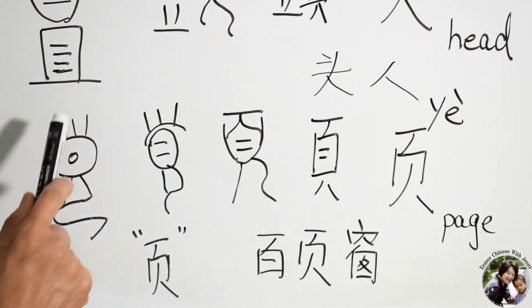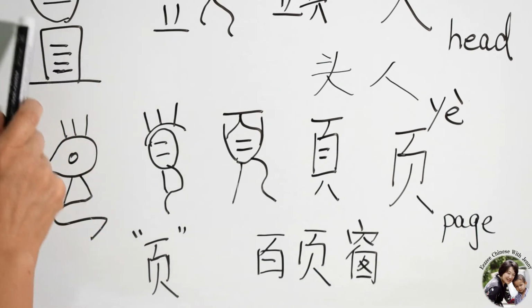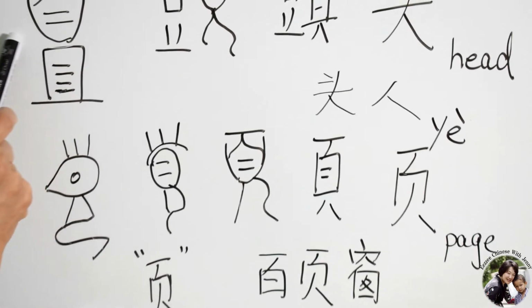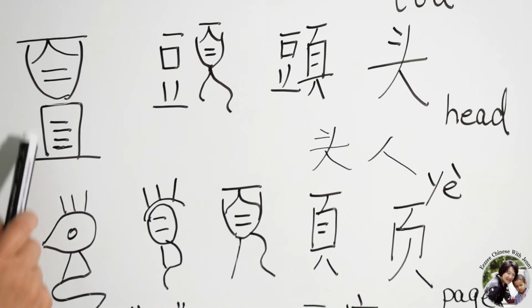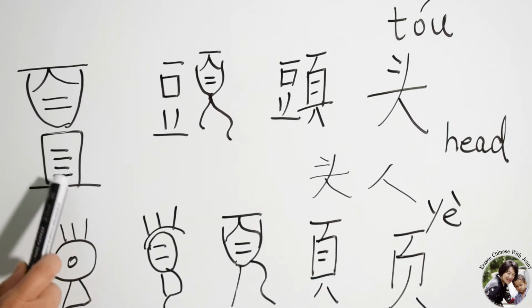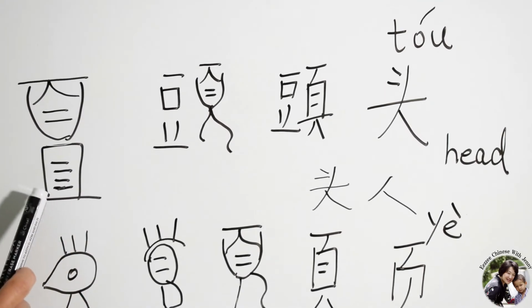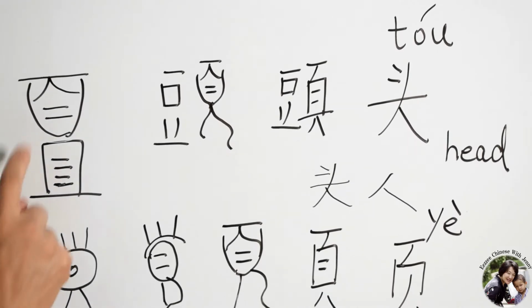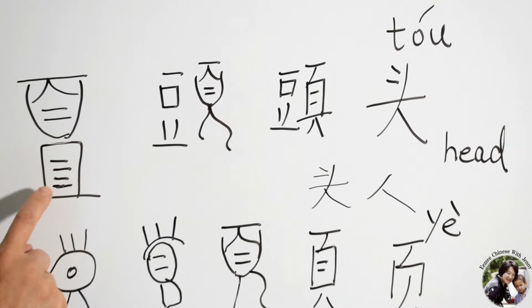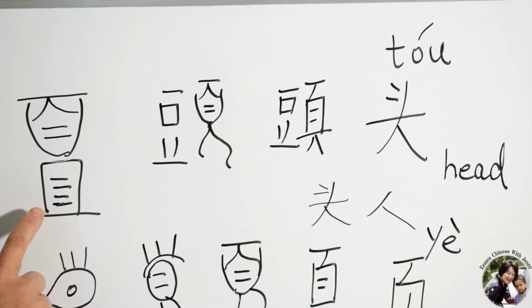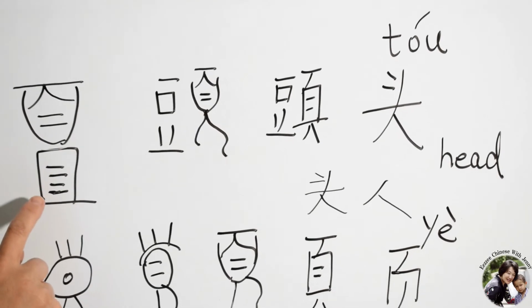And then the next character, remember, this one is the image of your head, and this thing below gives you the pronunciation. Actually, this is a utensil. In the past, the pronunciation was "do."